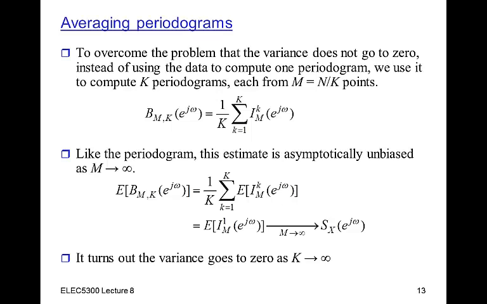And so in order to address this, what we have to do is remember that with the periodogram, we just took our data and computed one periodogram. But remember, the power spectral density is really the average of the power spectral densities, the average of the squared magnitude of the Fourier transforms over the ensemble. But we haven't really done any averaging to compute the estimate. All we've done is take all the data and compute one periodogram.